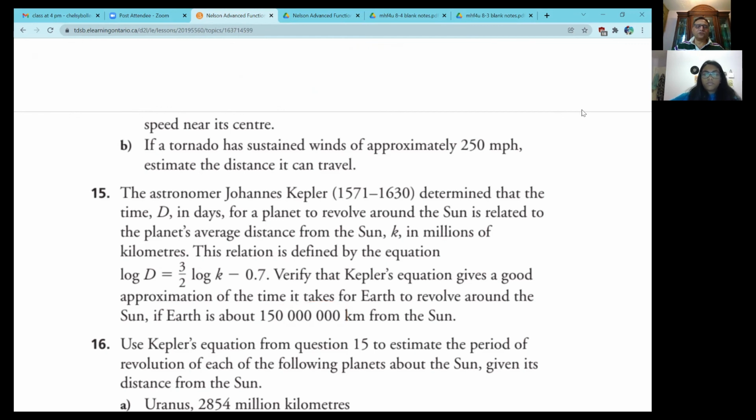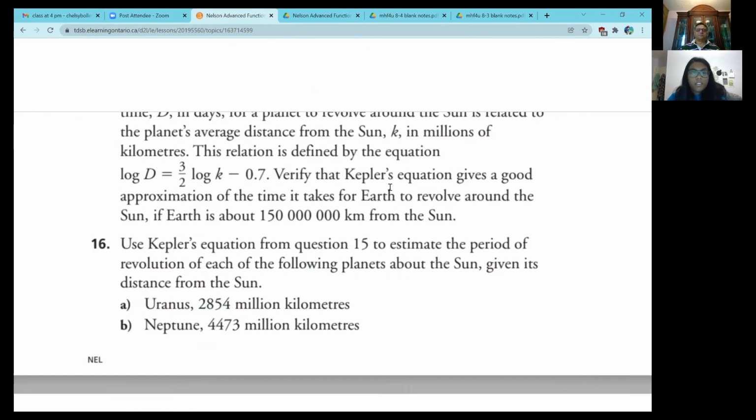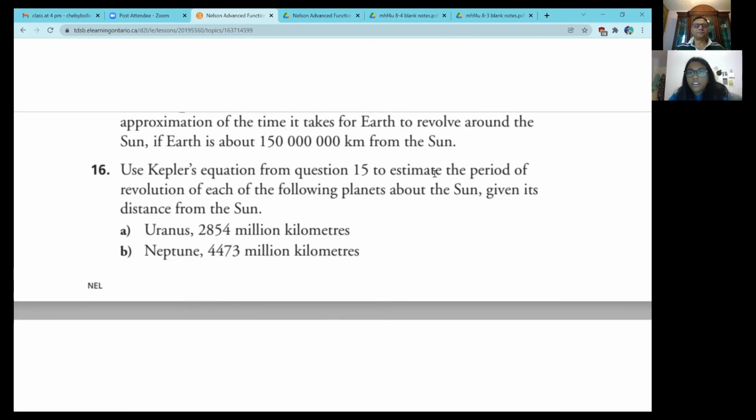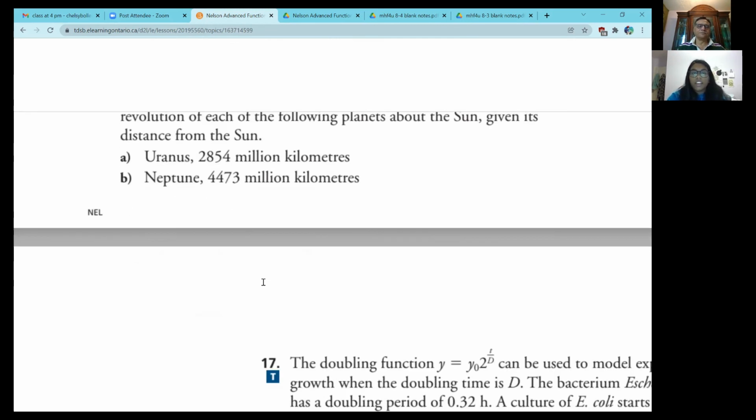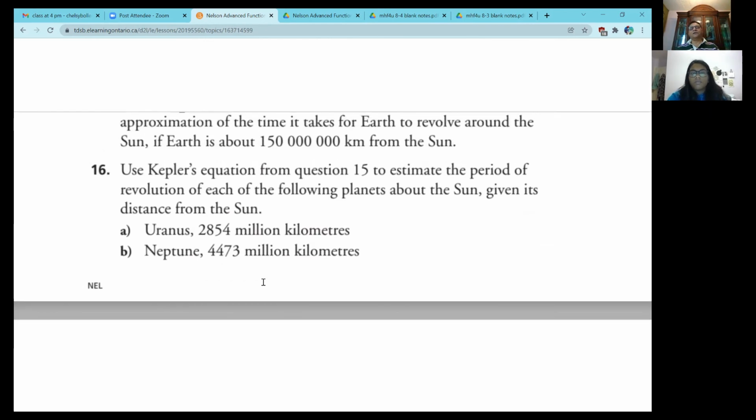You can take the next question also, question number 16. Use Kepler's equation from question 15 to estimate the period of revolution of each of the following planets about the sun, given its distance from the sun. Correct. So just plug it in and find d, right?